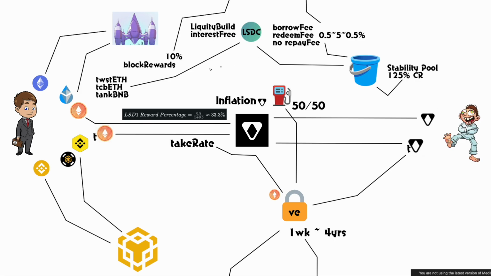Okay. Now remember, these assets have block rewards because they are interest-bearing assets. Now they talk about taking some of these block rewards, 10% if you are using these inside the LSDC protocol.